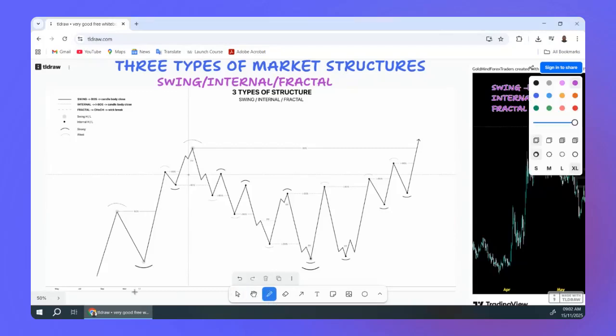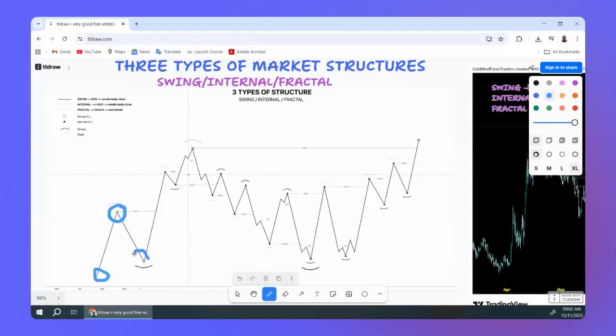For example, here you see this point. This point here, this is a swing point. A swing point, a high-low point. And this is a swing point. It's a big swing point, a high point.